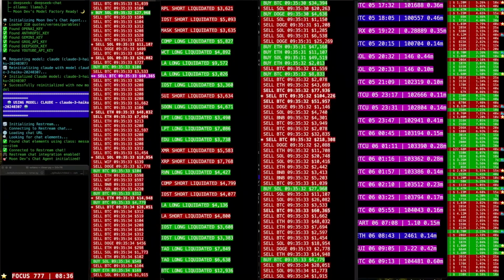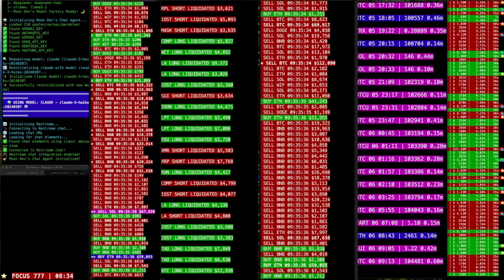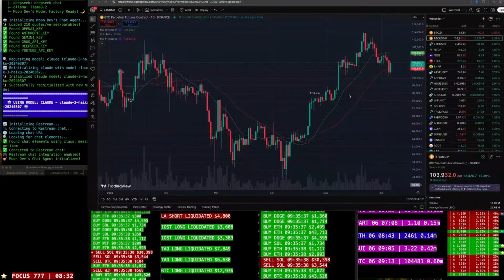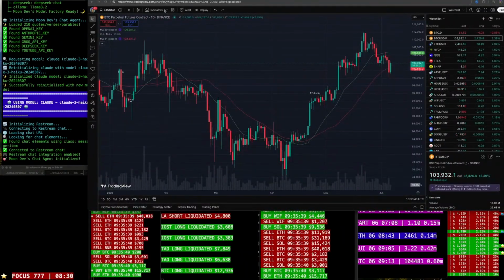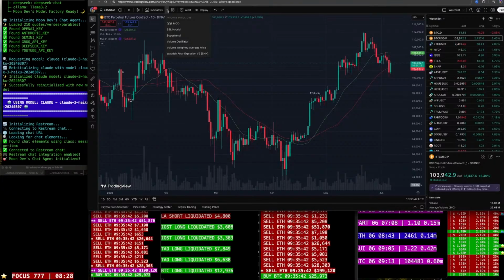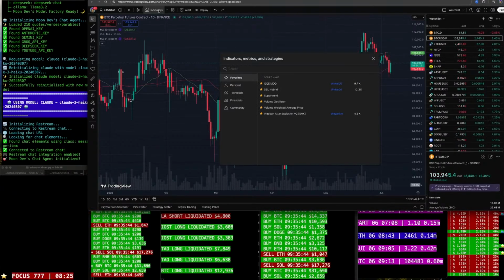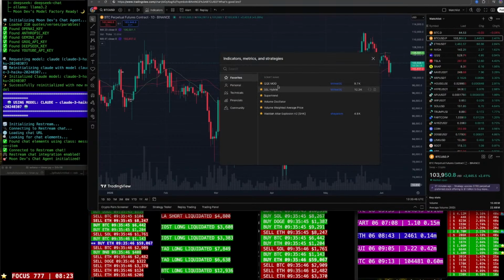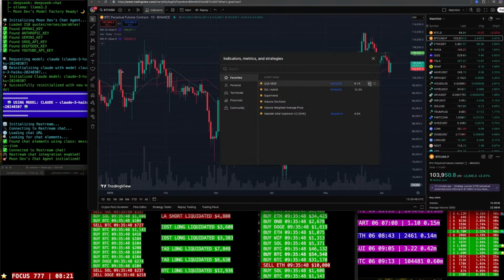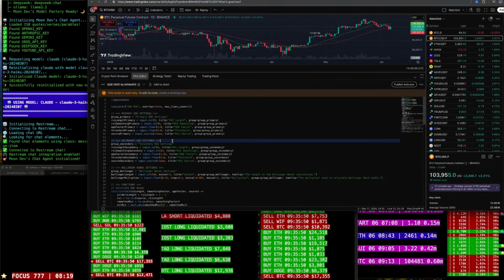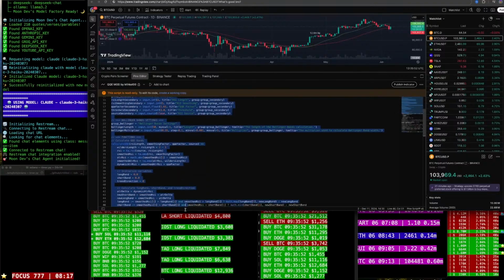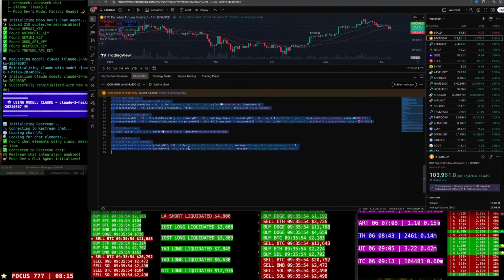Well, actually, PineScript is TradingView's language. If you go to TradingView here, you can have every single one of their strategies as well. If you go to indicators here, you can see these strategies. You can actually open up their code and get all of their code. So any indicator on TradingView, dude, look at this.